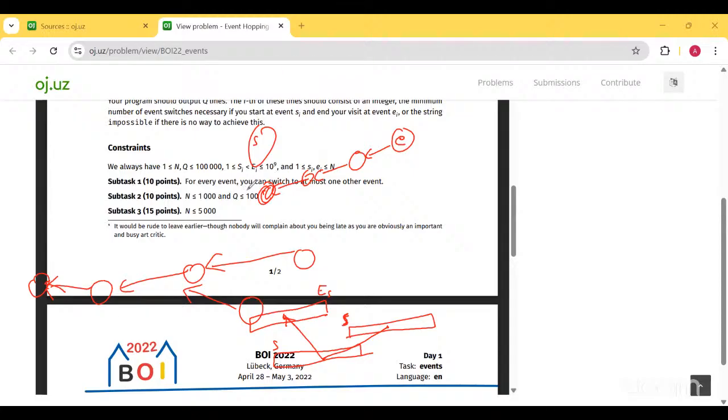So just go to the ancestor until the value of S is less than or equal to ES. All right. Is it correct? What do you think? Is this idea correct or not?